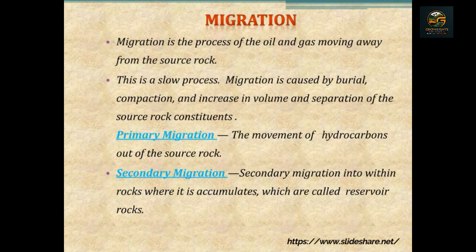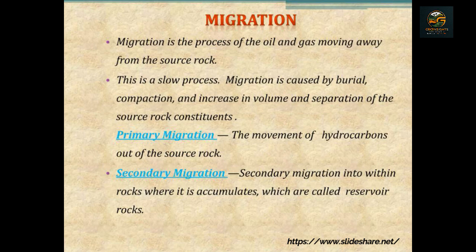The secondary migration starts after hydrocarbons leave the source rock. During this stage, oil and gas move through permeable carrier beds, such as sandstone or fractured carbonate rocks, until they reach a suitable reservoir where they can accumulate and eventually become trapped.